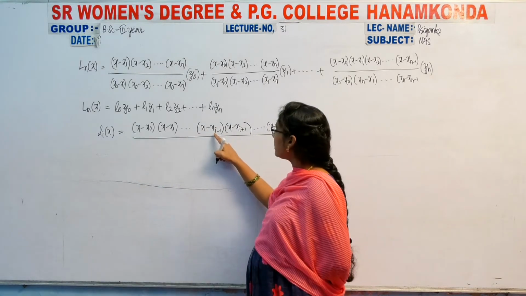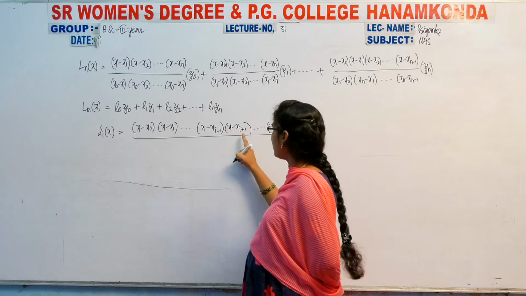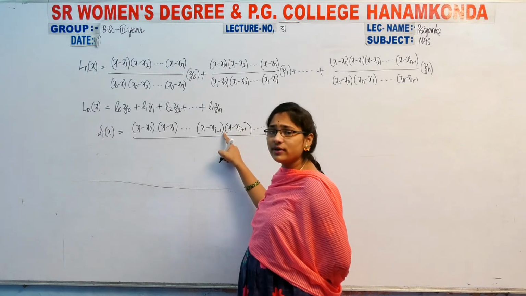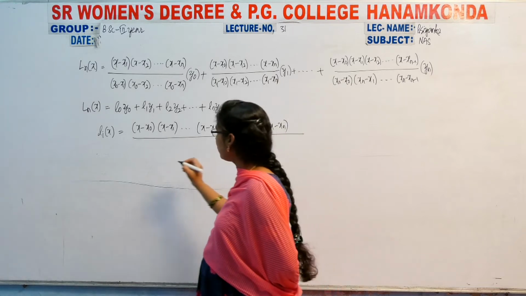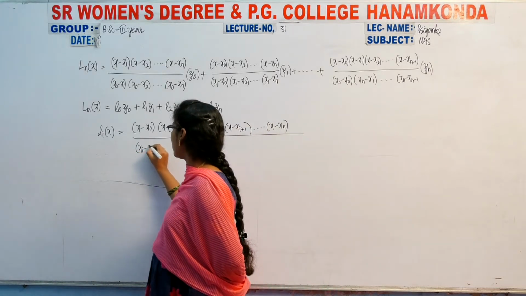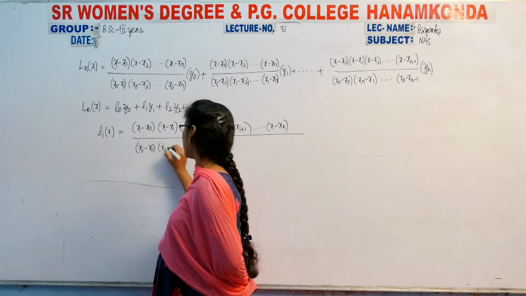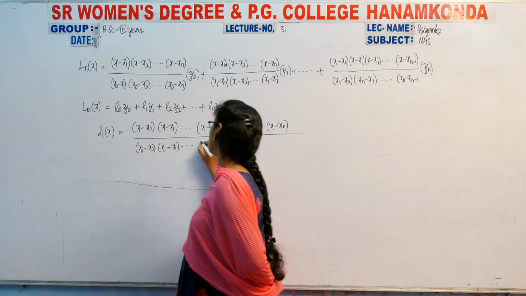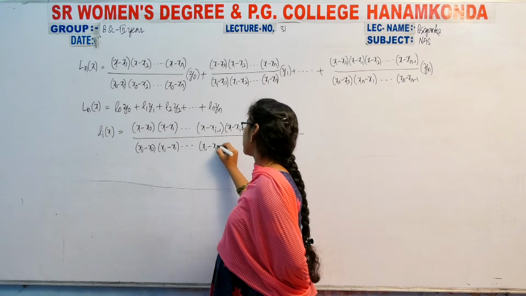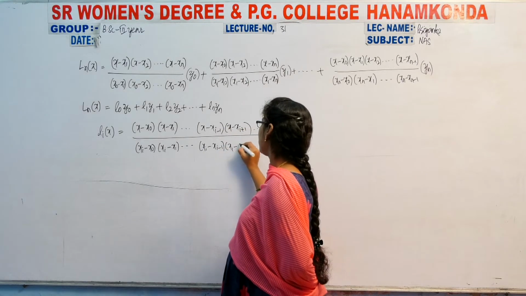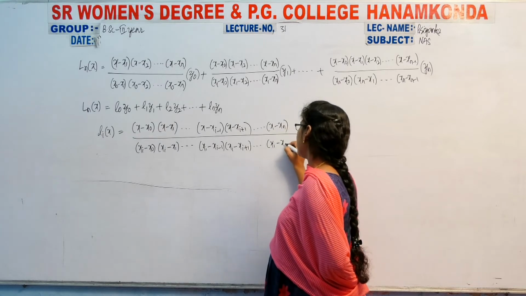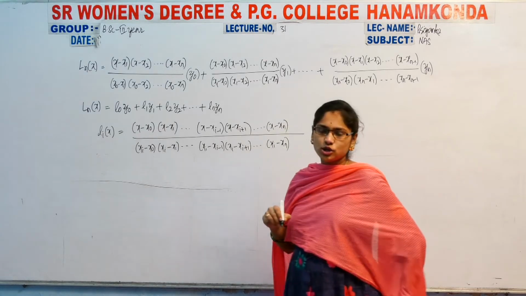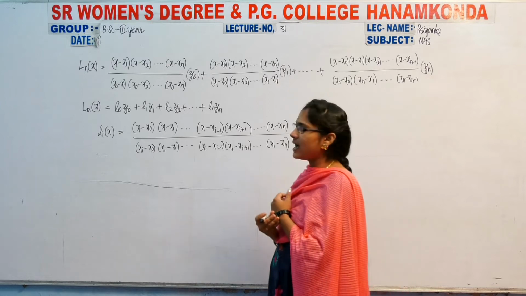Here I am not taking xi minus 1, I am taking xi plus 1. In between we have x minus xi, but here I am not taking that one, remember. Now xi minus x naught, xi minus x1, and so on, xi minus xi minus 1, xi minus xi plus 1, and so on, xi minus xn. So this is the formula of the li of x.